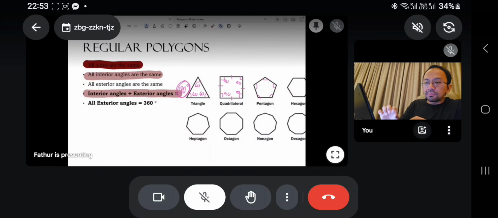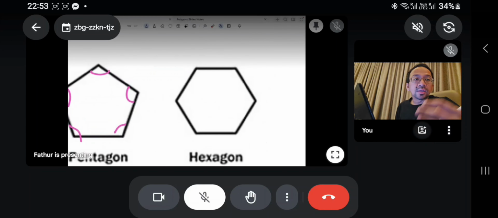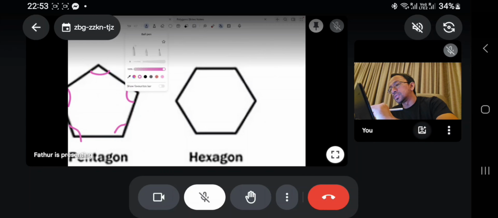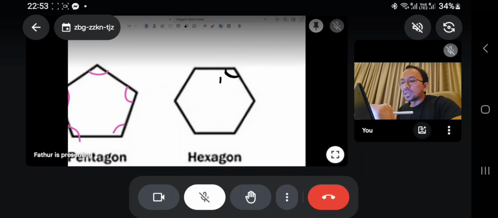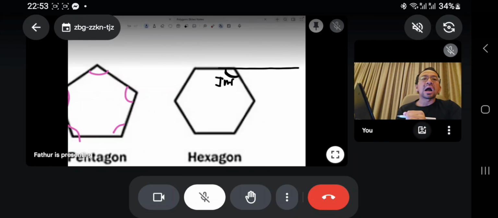So what do I mean by interior and exterior? Where is my interior? Where is my exterior? Interior, obviously, the word says interior, it means that the angle is inside. So this is what they call the interior. When it comes to the exterior, for every interior angle, you draw a straight line that extends the shape out.